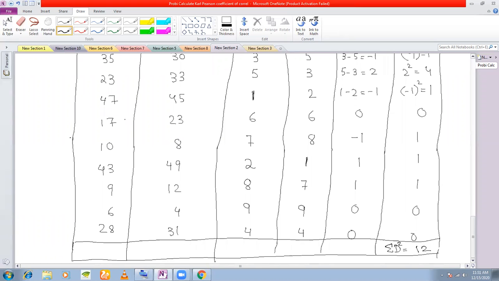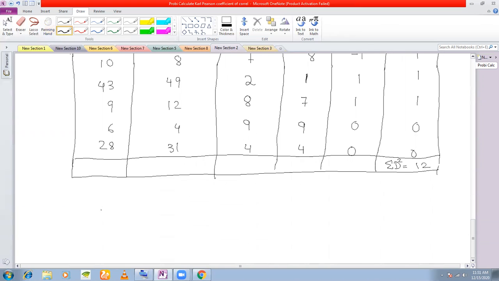Okay, summation D square. Now we'll use Spearman's rank correlation. Therefore, Spearman's rank correlation R, we use the formula. Devanjan, you were not there when I gave this formula. 1 minus 6 sigma D square by n into n square minus 1.